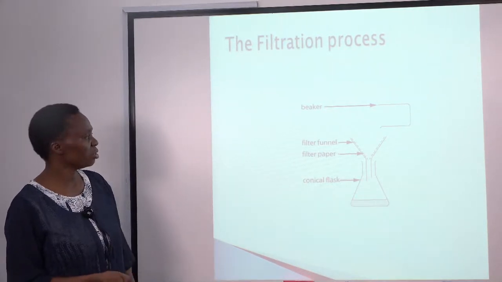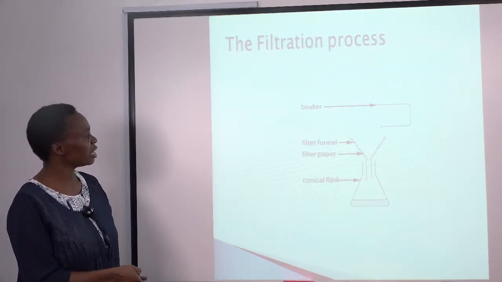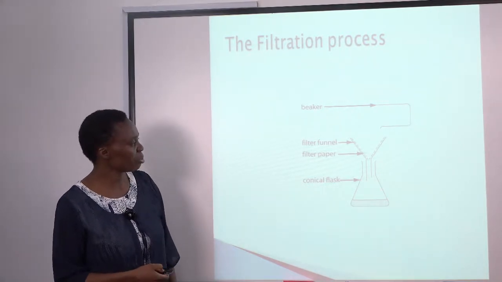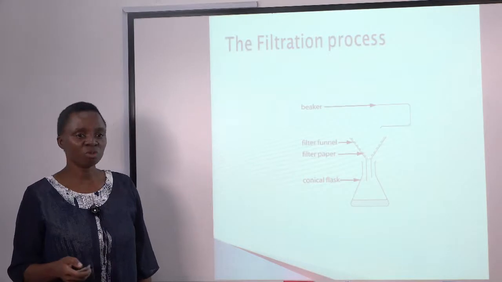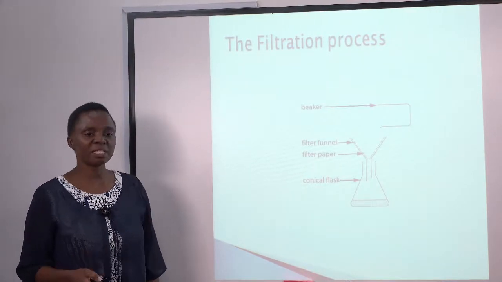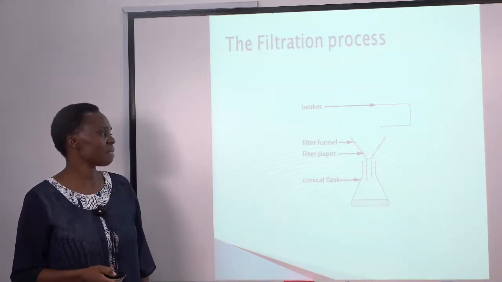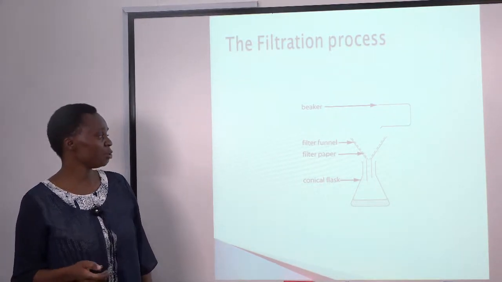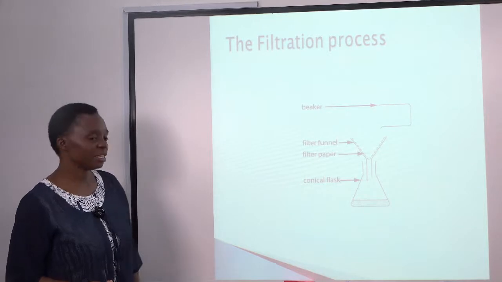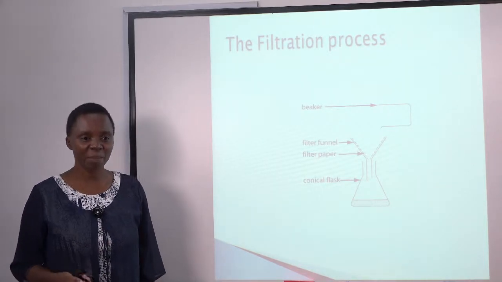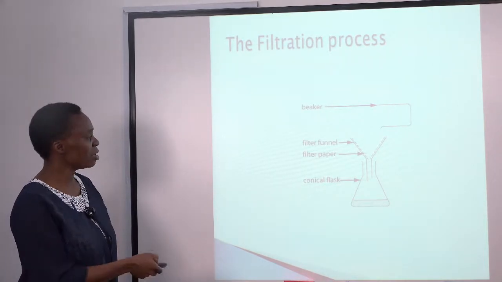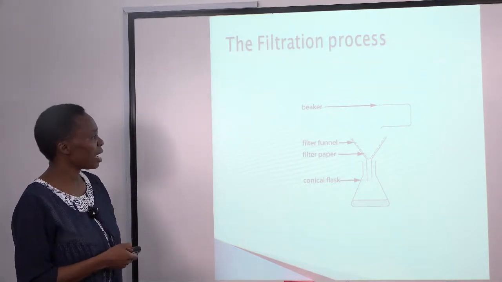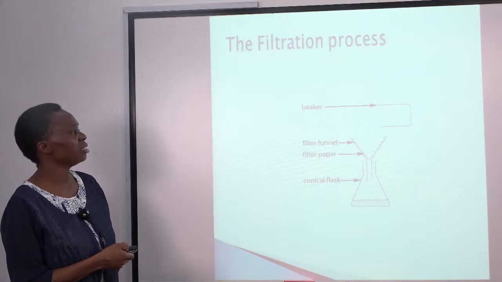using the method called filtration, which is shown on the board. In the filtration method, you have to obtain the appropriate apparatus used in the process of filtration. Here you require a funnel, a filter paper, maybe a conical flask, and your other beaker which is containing the mixture.